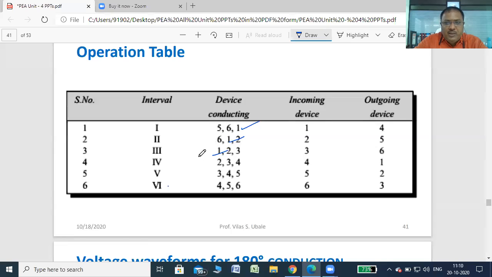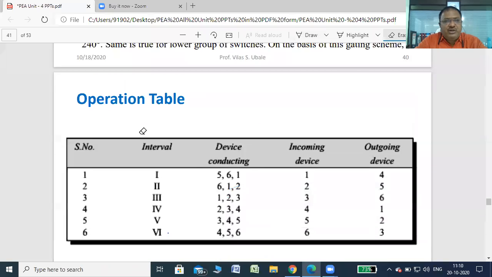Now in interval 4, 1 is outgoing, it means it turns off, right? In interval 1, 1 enters into the conducting pairs, conducts for the next 180 degrees continuously, and in the fourth interval it turns off. Do you understand the working of this bridge inverter with the help of this operation table and the waveforms?